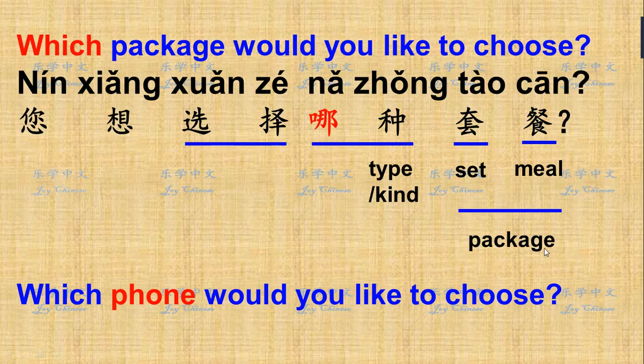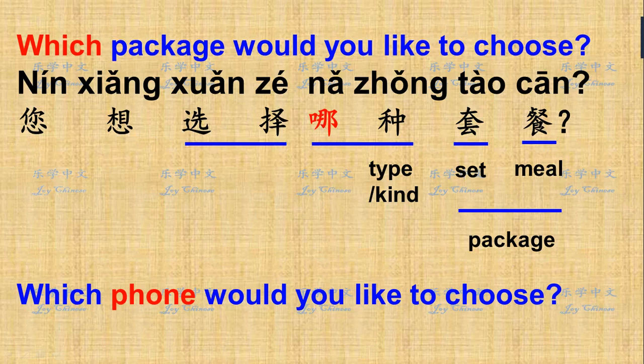So you can go to a restaurant and tell them you want a 套餐. No problem, it's correct. Also, you can use the same word in other places. For example, here, for the telephone service. So, 您想选择哪种套餐? Which package? 哪种套餐?